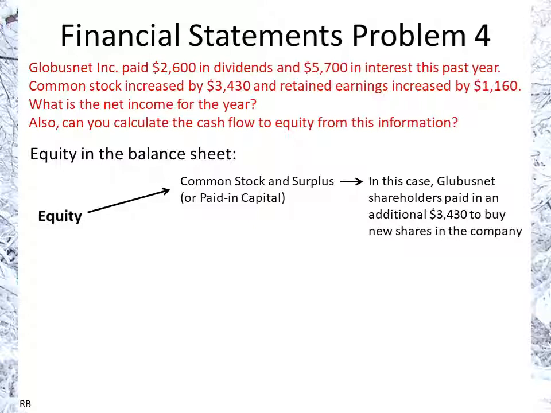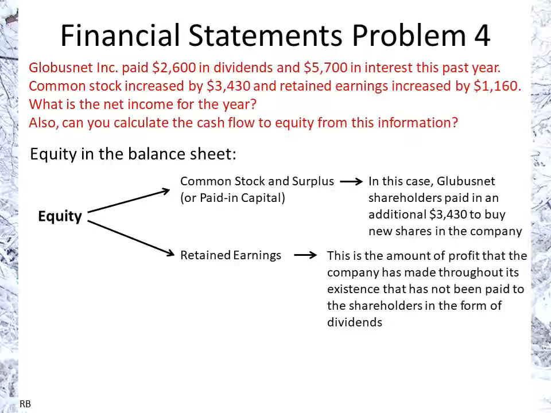Now, we know the equity portion is also retained earnings, and the retained earnings is the sum total of all of the profits that the company has made from the beginning of its existence to the last balance sheet date that it has not paid out to the owners, to the shareholders. It's kept that itself. That's why it's called retained earnings.